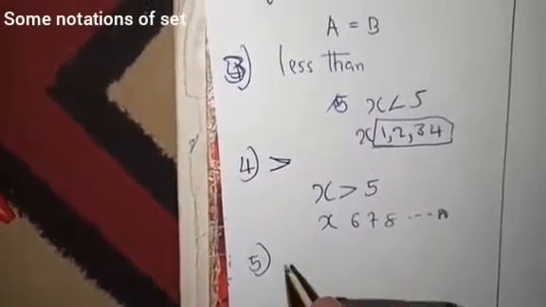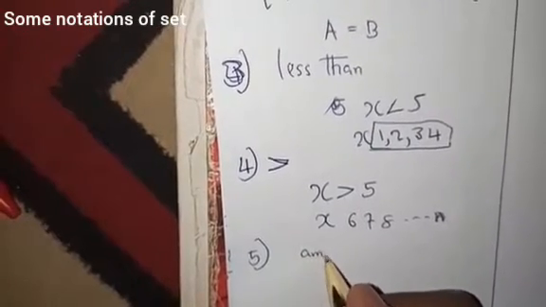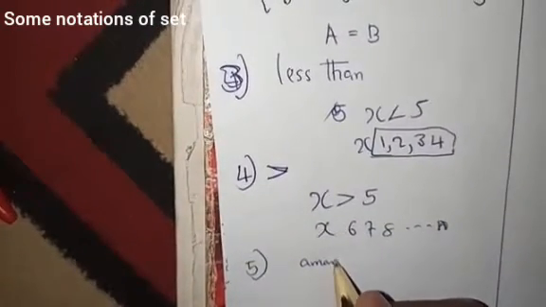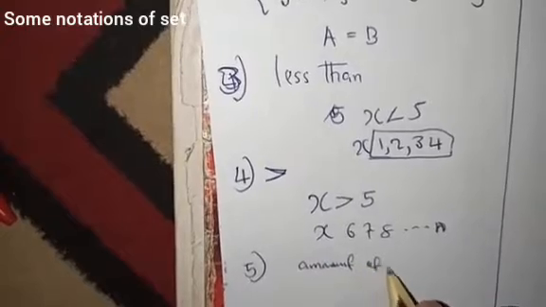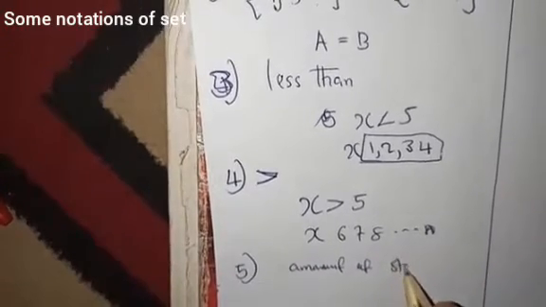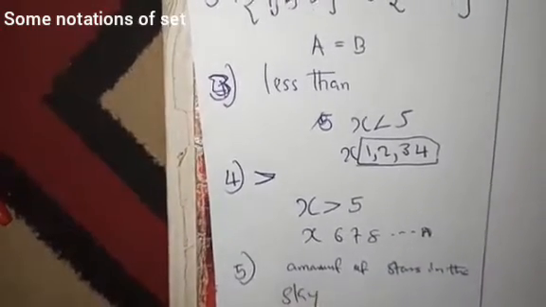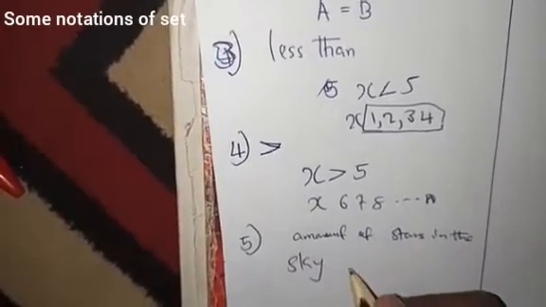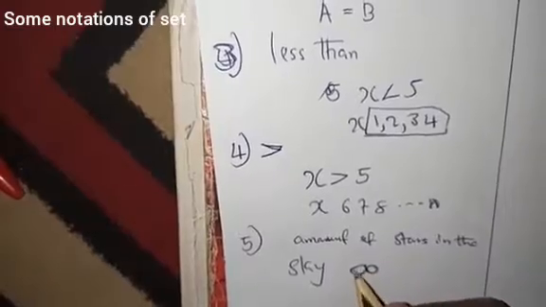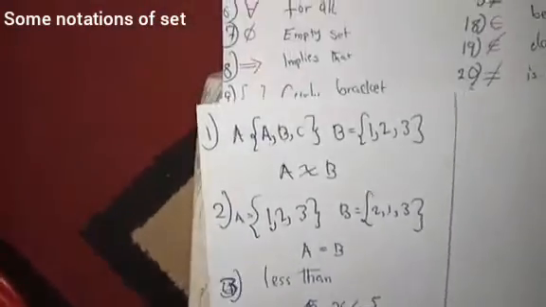Definitely the number of stars in the sky is uncountable, so that's what we refer to as an infinity set, and this is the notation of infinity.